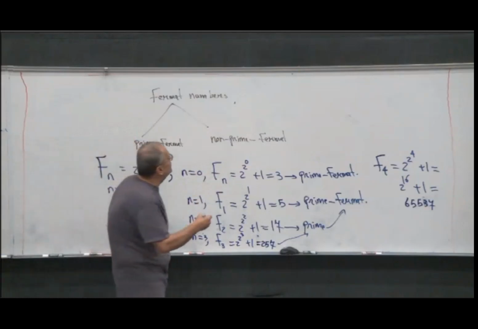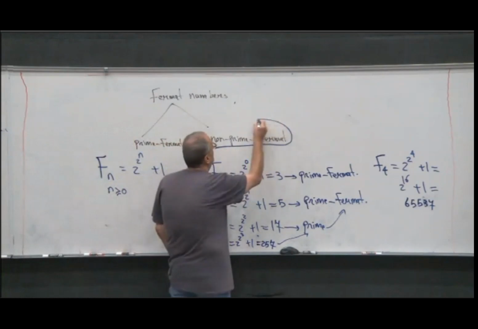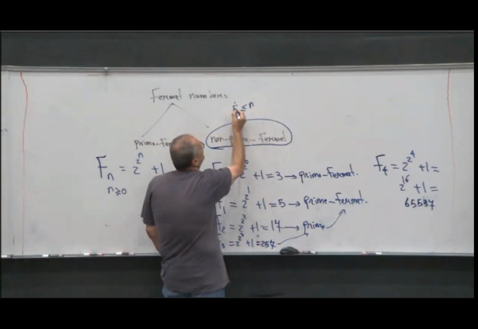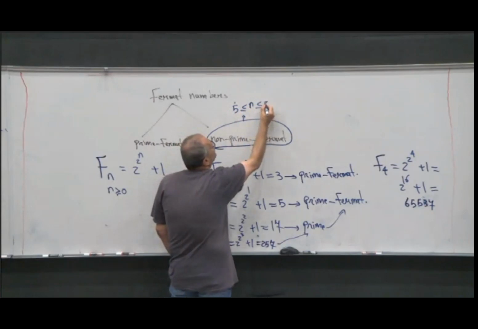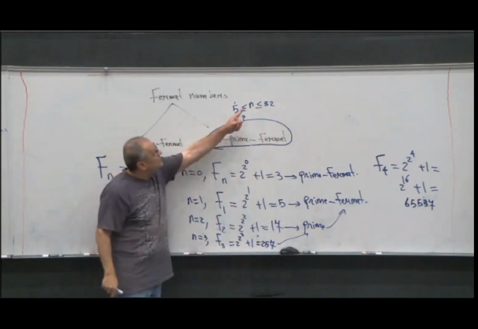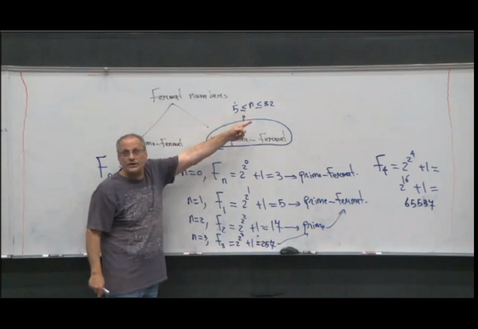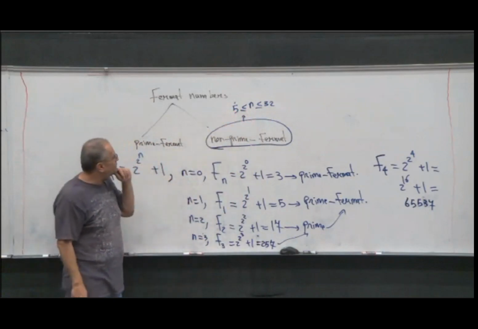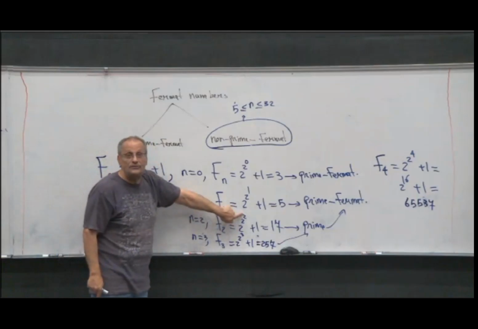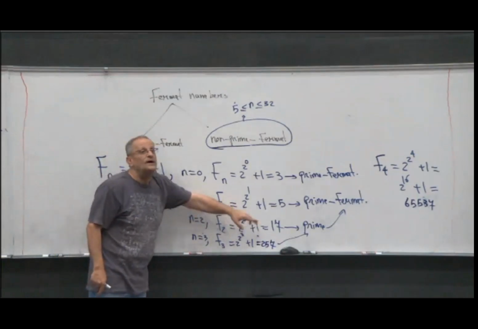Okay. Using machines for non-primes, for n bigger or equal to 5, less or equal to 32, when n is between 5 and 32. So what does that mean? You're going to take 2 to the 2 to the n, for n up to 32, plus 1.